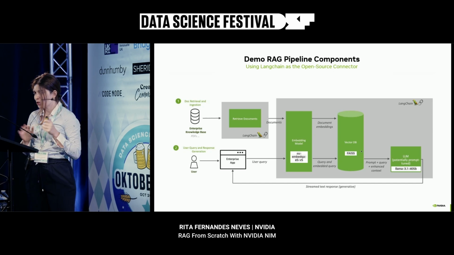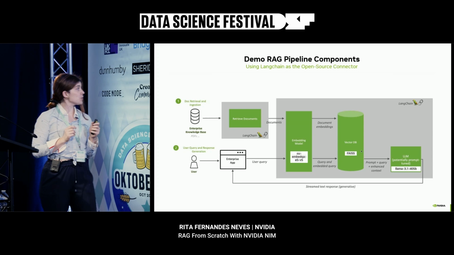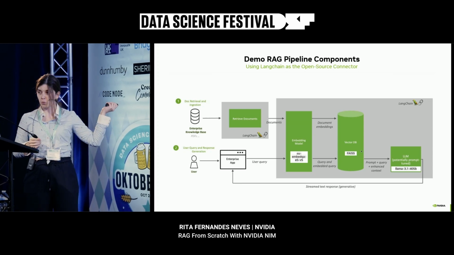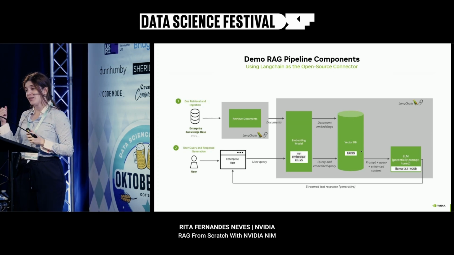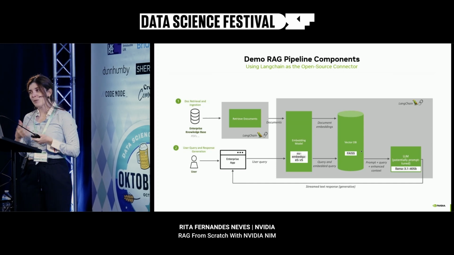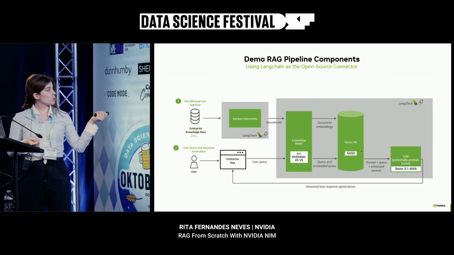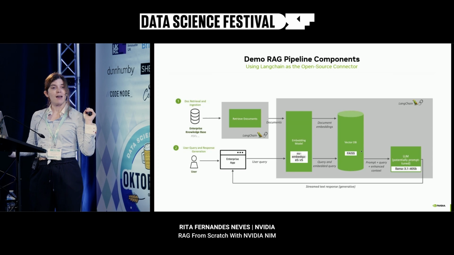So just to talk a bit about what that RAG pipeline is going to be composed of, it's exactly what I showed before. You have the enterprise knowledge base, which in this example is going to be one PDF. So it's not really realistic, but we take what we have. We are going to use LangChain for retrieval, so for document chunking.